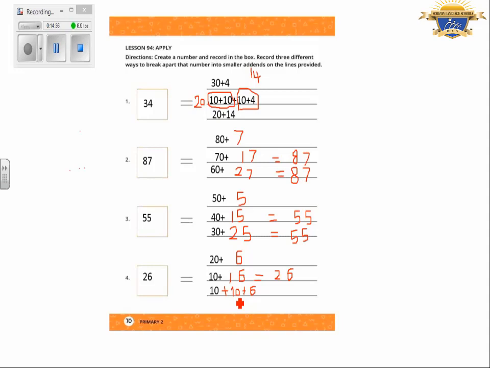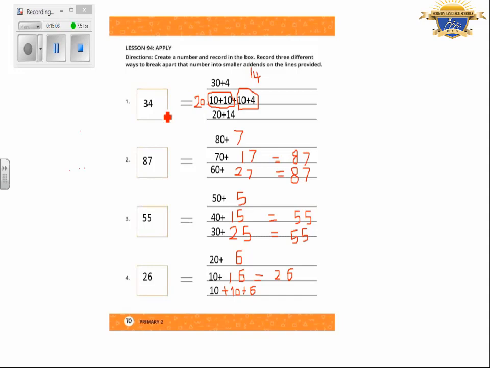Okay, there are so many ways to decompose any number. The first way you will do is decompose the number into tens and ones. The next step will be to take away 1 ten from the tens and add this 10 to the ones.